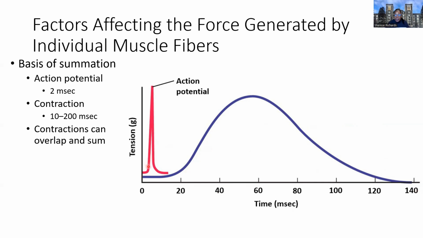So within the time that it takes for one complete contraction, we can have multiple action potentials arriving on the muscle fiber. Those contractions can begin to overlap and then they can sum. So this better explains why the next action potential that comes along produces more force generation, right? Because they're overlapping in time.